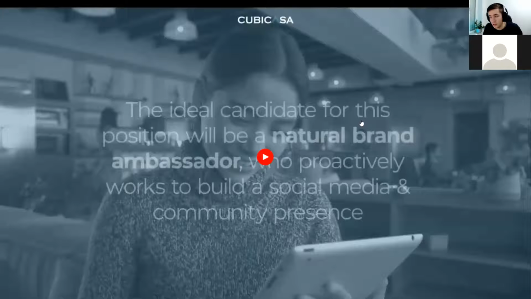So this here that was just shared, we are looking for a community lead. If you are interested, what we're looking for is somebody that literally lives and breathes real estate photography. What we want is a brand ambassador who works to build things like social media and a community presence. This is definitely an open position that we are really looking for, and it's a big important thing to us.